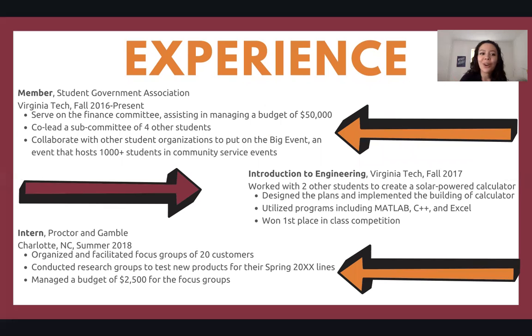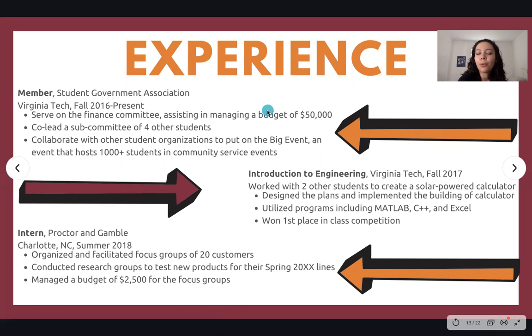Where it was is obviously very important information, but generally they care more about what the position was called and your title. So we put that first in bold, and then we include the company, organization, location, as you can see here, Charlotte, North Carolina, and then dates, followed by some bullet points.